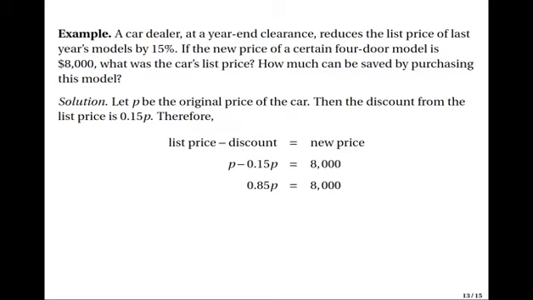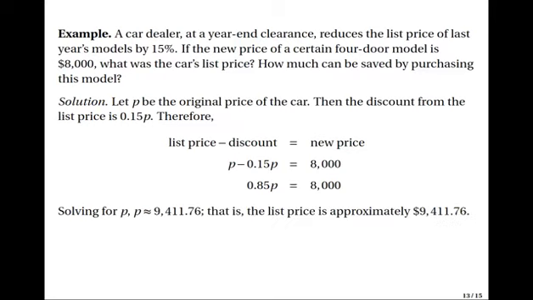That's equal to 8,000. We solve for P. P will be roughly 9,411.76. Okay? So this was the original price of the car. This was the price of the car from last year. Okay? So the list price is approximately 9,411.76.